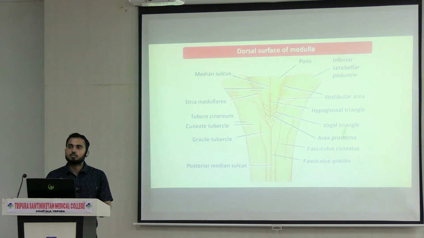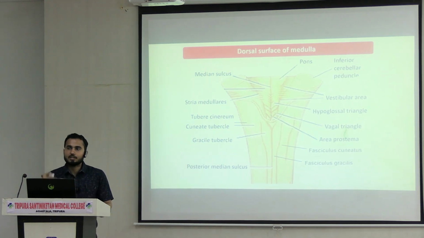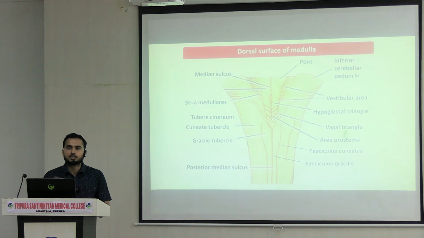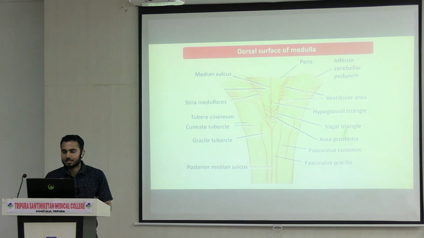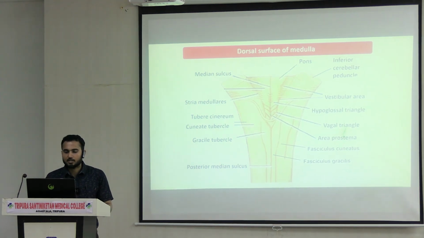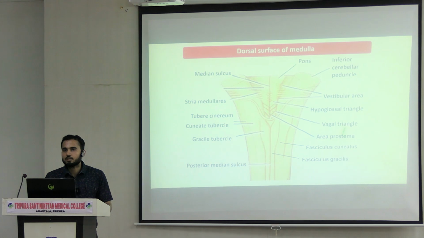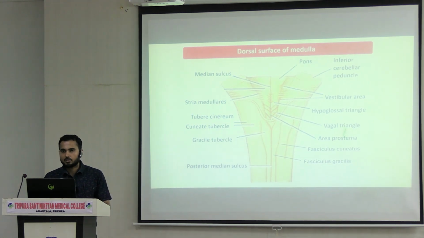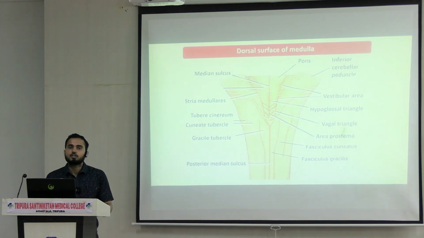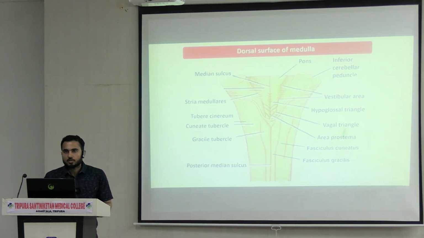Right now I am not discussing them; in the ventricle chapter, the floor of the fourth ventricle structures will be discussed. But you have to mention a few, for example, median sulcus, hypoglossal triangle, vagal triangle, area postrema, stria medullaris. These are some structures present in the open upper part of the medulla oblongata.